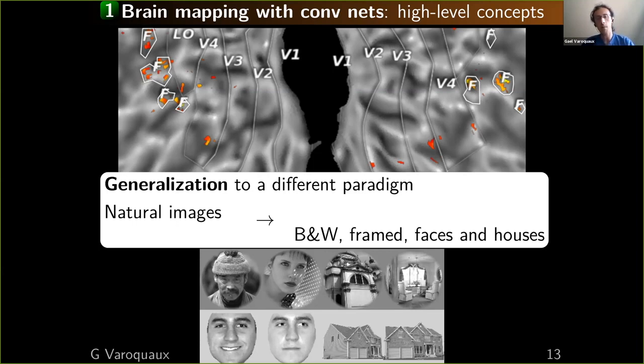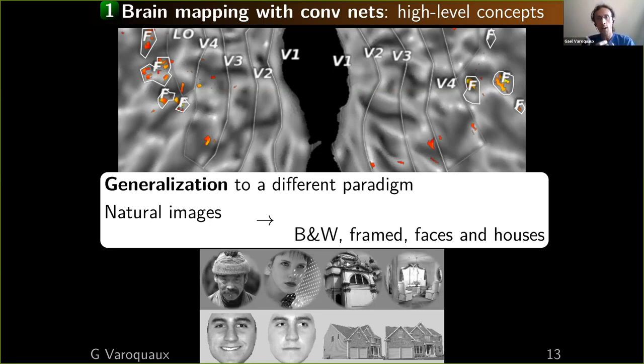We're going from a paradigm that is built on natural images, with results that are related to natural images, and we're showing that they carry over to different stimuli with different statistics. Our natural images were in color. The stimuli that we're testing here are black and white. They're framed. They're much more artificial, faces and houses. So we have results that have a wider validity.